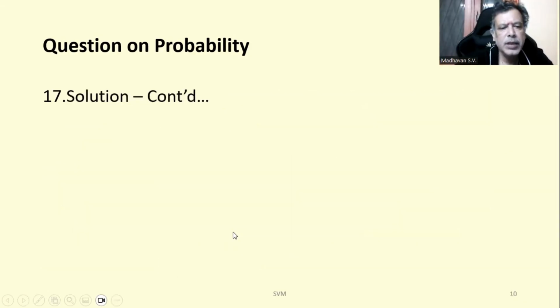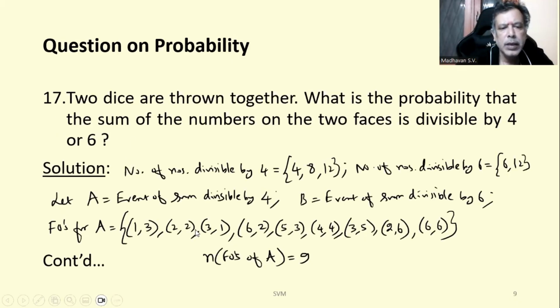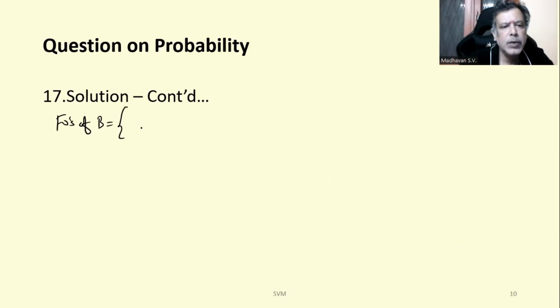Now let us proceed. Favorable outcomes for B. B means numbers sum divisible by 6, means 6 and 12. So if I consider 1, then it is 5. If I consider 2, it is 4. 3 means 3. 4 means 2. 5 means 1.